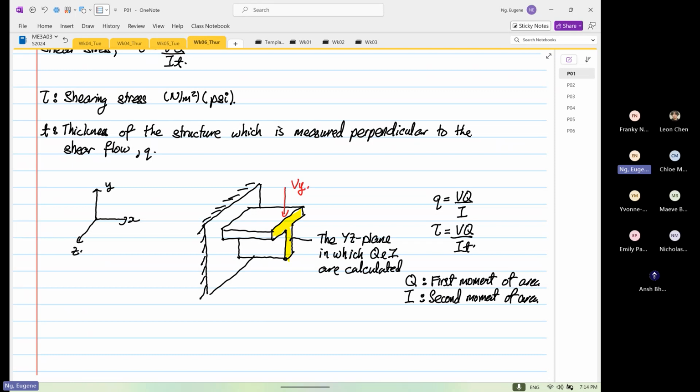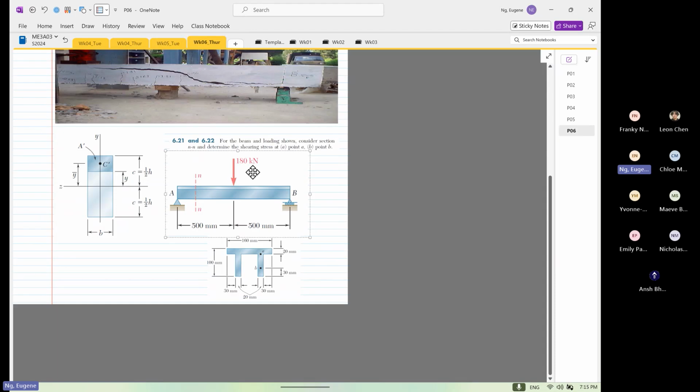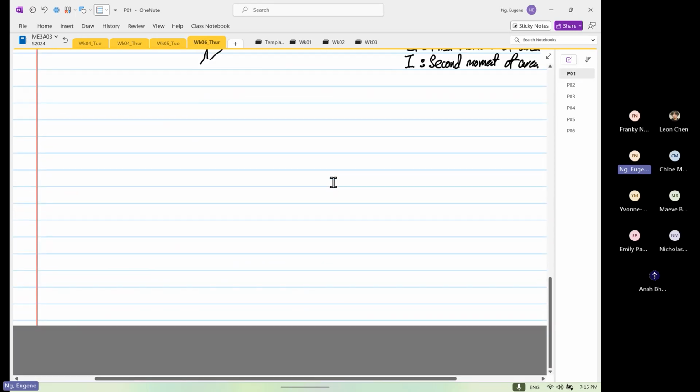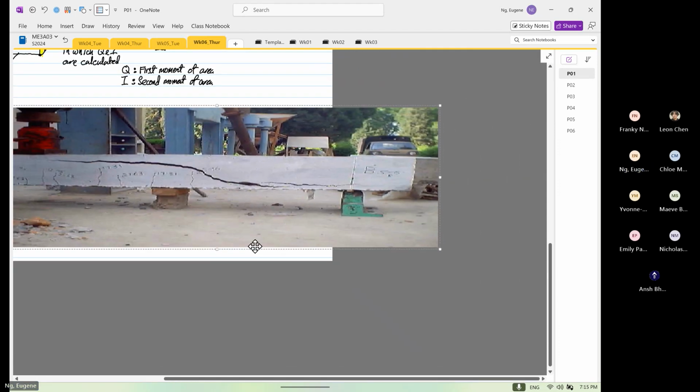Now, if we were to get an image of how the structure will fail due to shear, I have this image over here, and I'm going to paste the image over here. Okay.